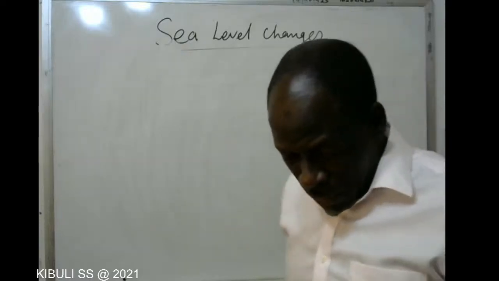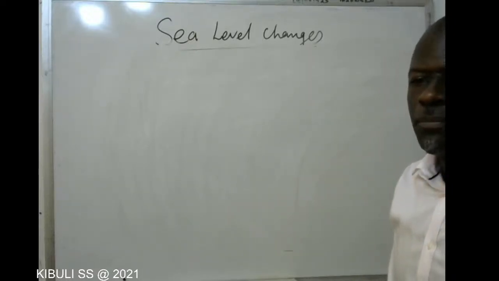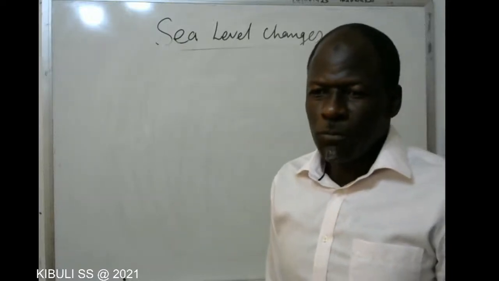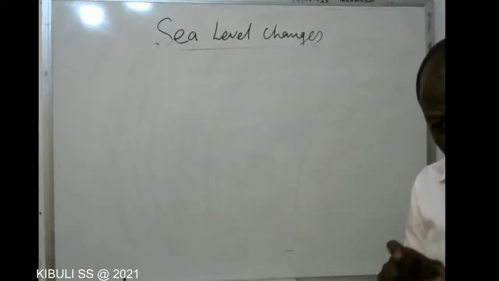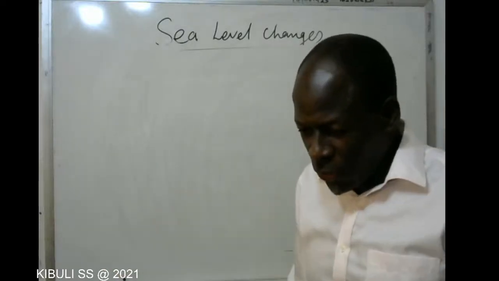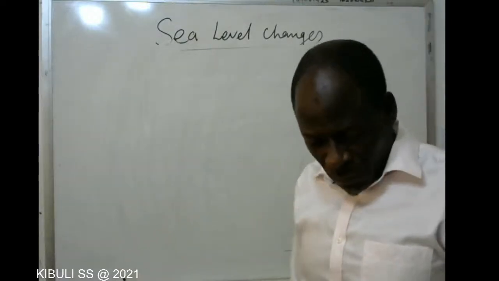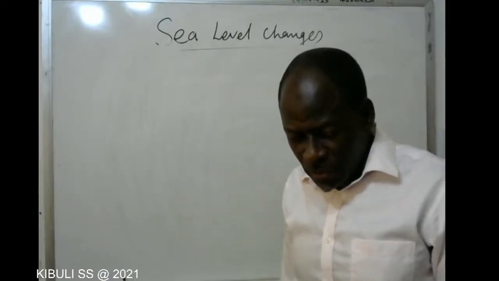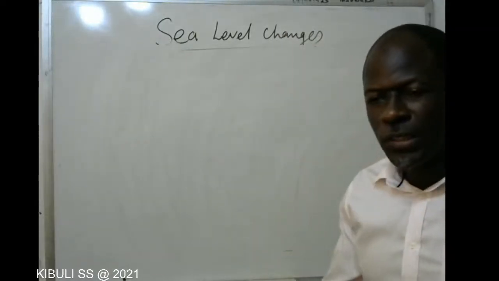Now, assuming we are talking about those that are in contact with water, for example the cliff. The cliff is that steep rock face along the coast, overlooking the water level. You have the cave, a cylindrical opening into the coast, a tunnel which is horizontal into the coast. We have features like the wave cut platform, which forms at the base of the cliff because of the collapse of materials on that steep surface. We have the beach we have just talked about, which is along the coast.